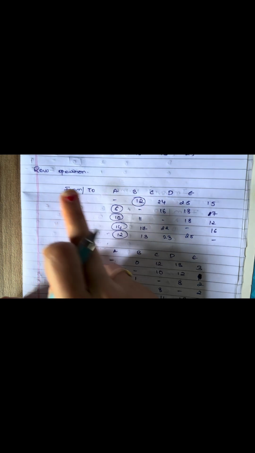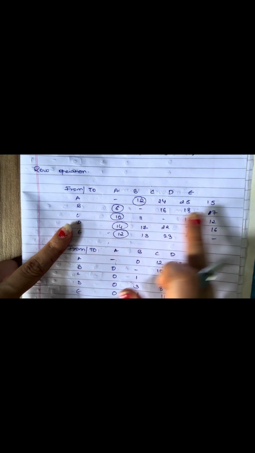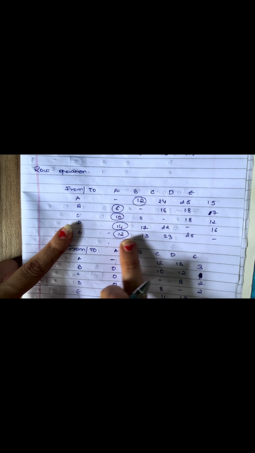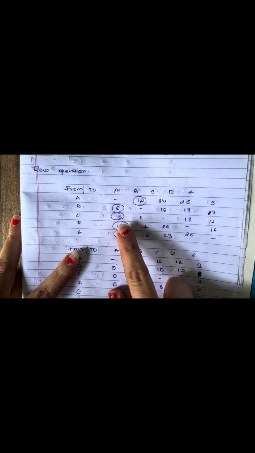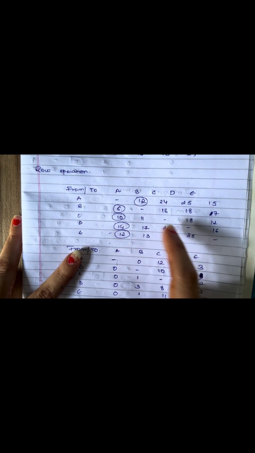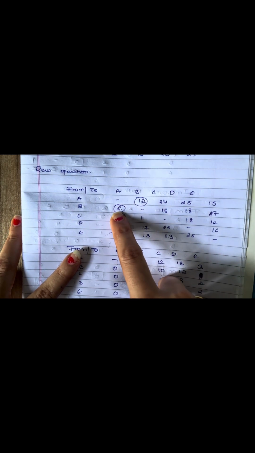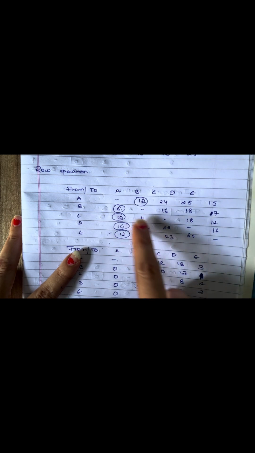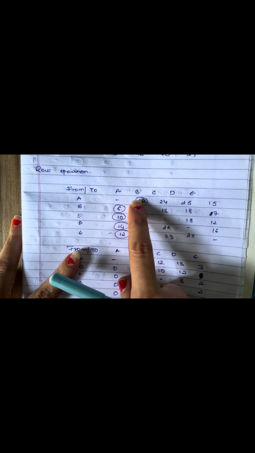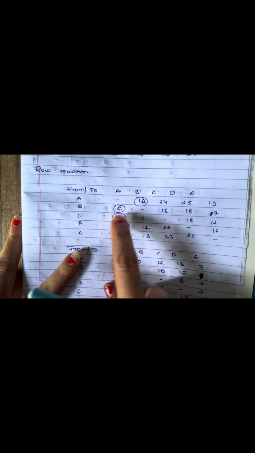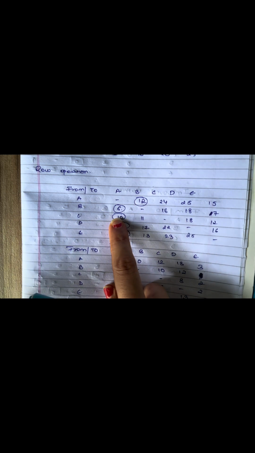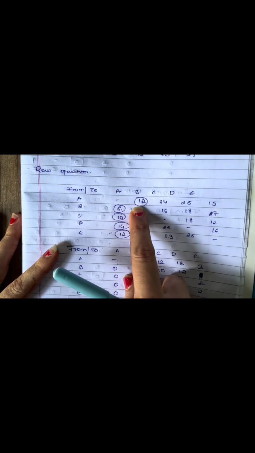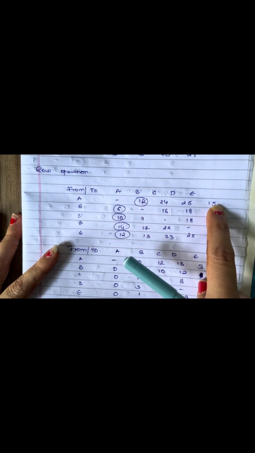Identify the smallest number from each row, and subtract that number from the respective row. For example, I'm identifying 12 as my smallest number here, 6 as my smallest number, 10 as my smallest number. So I'll take 12 and subtract it from the entire row A.